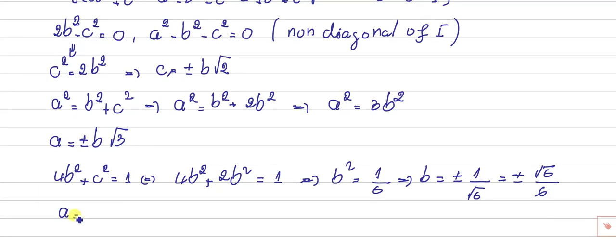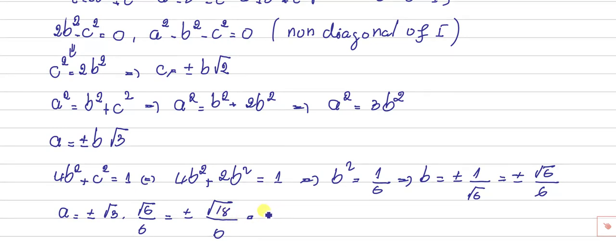And about a, a is equal to b. This is the square root of b. So I got a is equal to positive and negative 3 and square root of 6 over 6, which is equal to square root of 18 over 6.